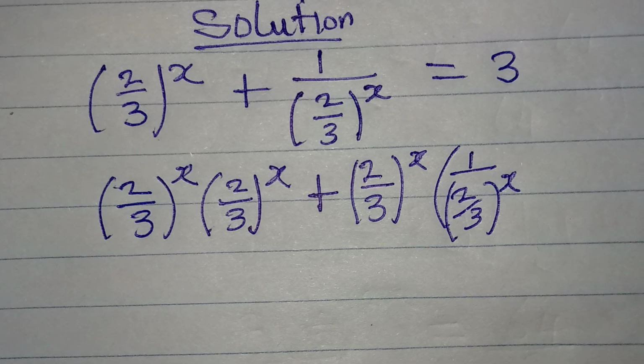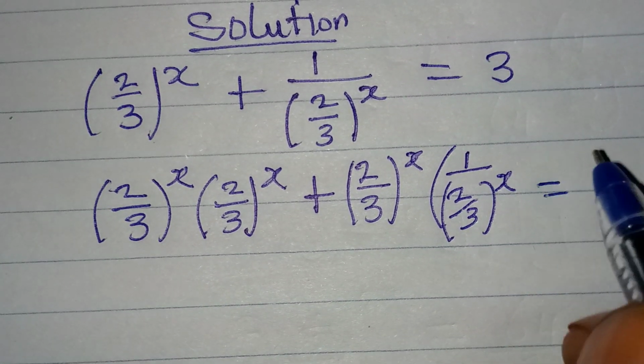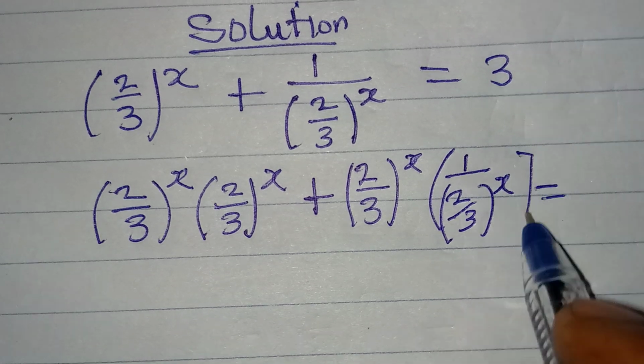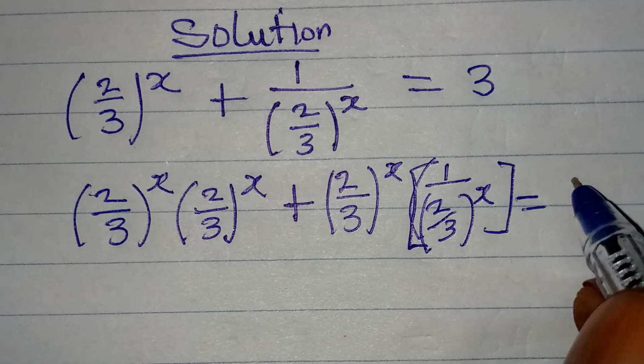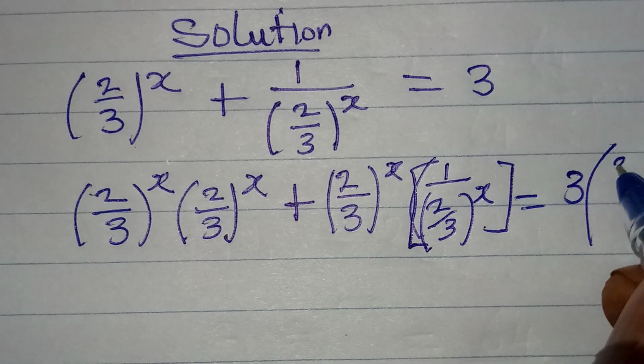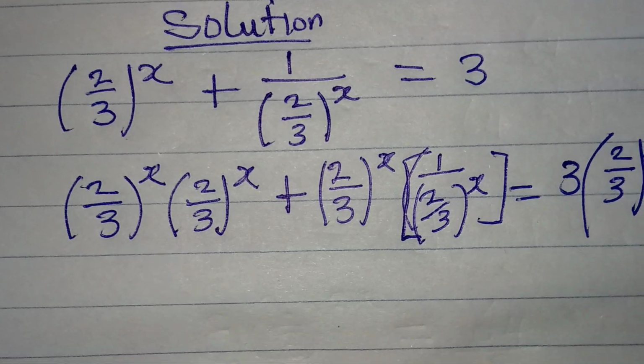Let me set this very well. And then this is equal to 3. Let me close this. Okay, so this is equal to 3 multiplied by (2/3)^x.